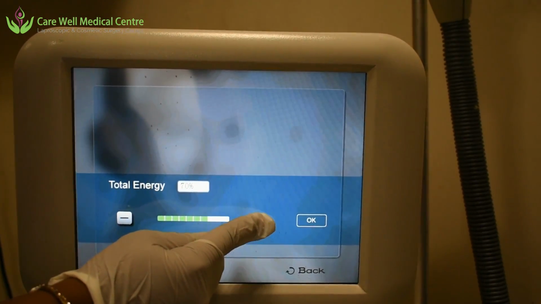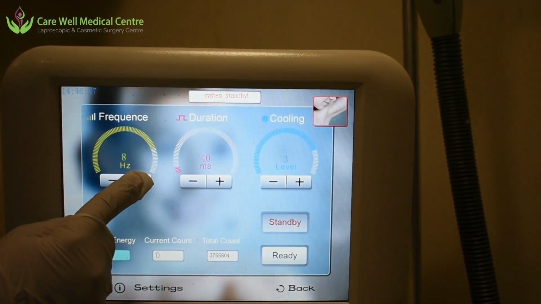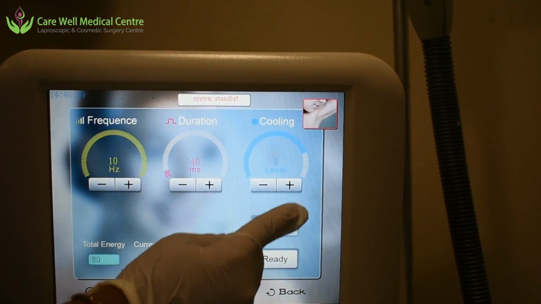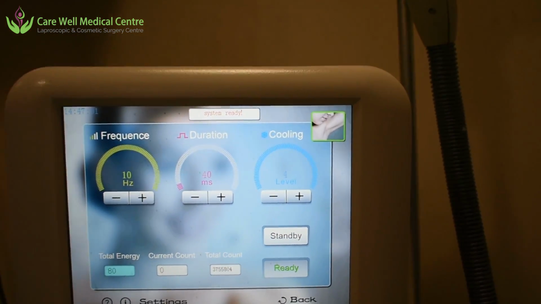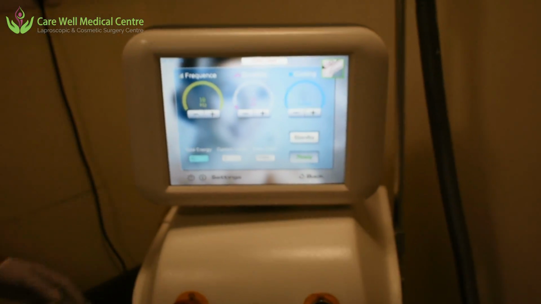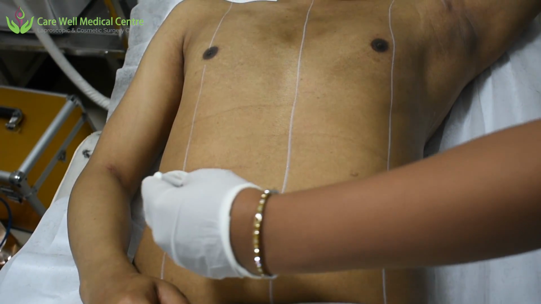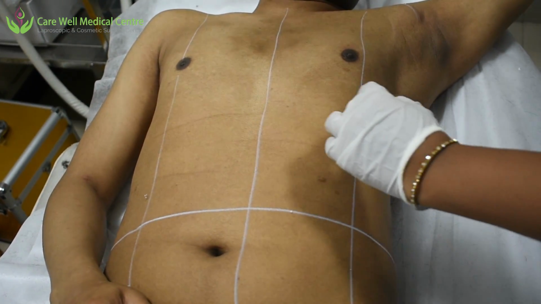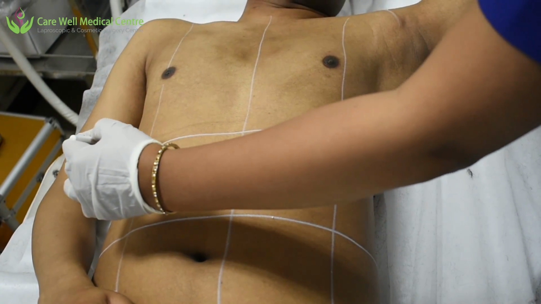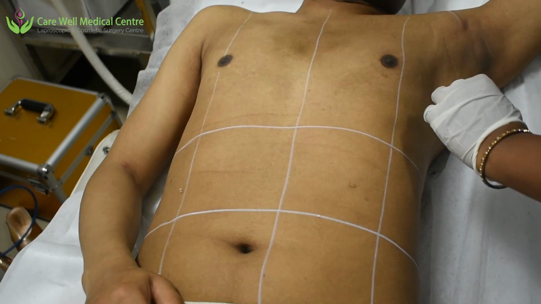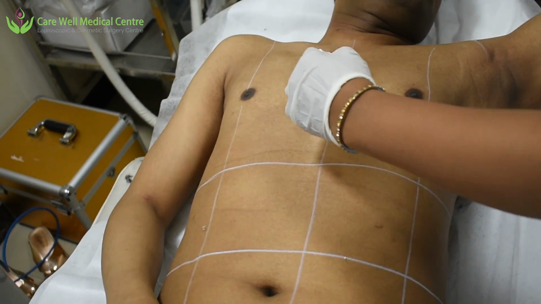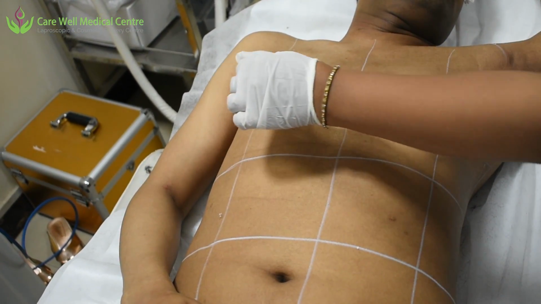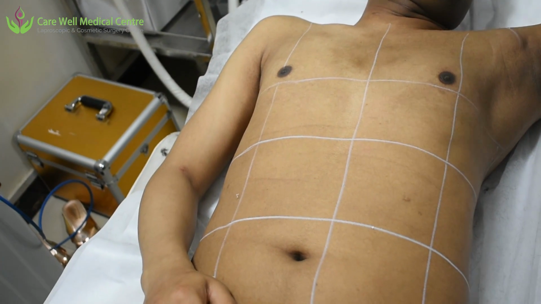As I told you, the joules that we have to give is very important. And also by the frequency, we are controlling the pulse width. It is very important to maintain good cooling, otherwise there can be burns. We are creating these grids with this marking. So we have created these grids on the body by marking them with white.